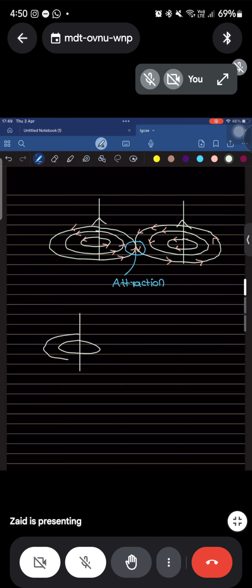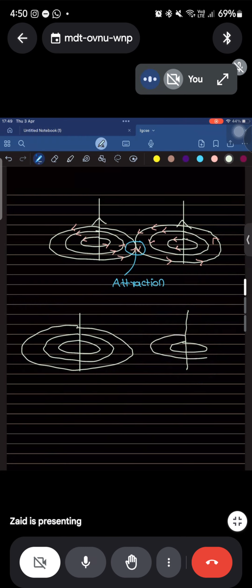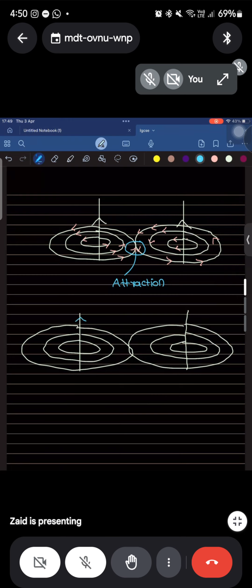Sir, repel will depend. Okay, because one is going to be in the clockwise direction and the other one anti-clockwise. Is it clear? Yes, sir. So let's suppose this is going up and this is going down.